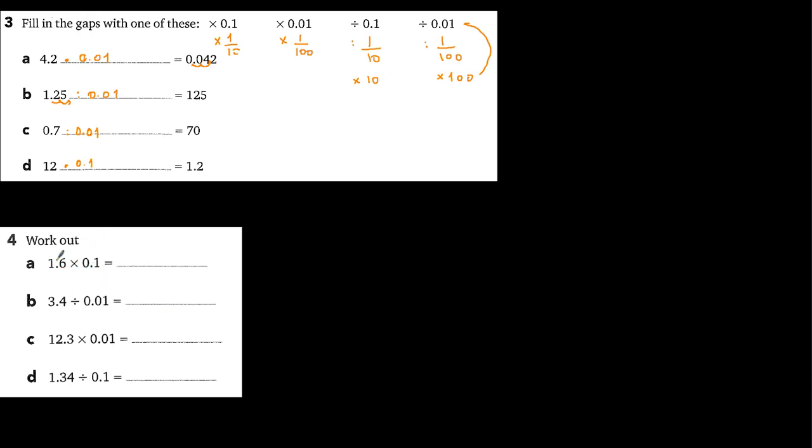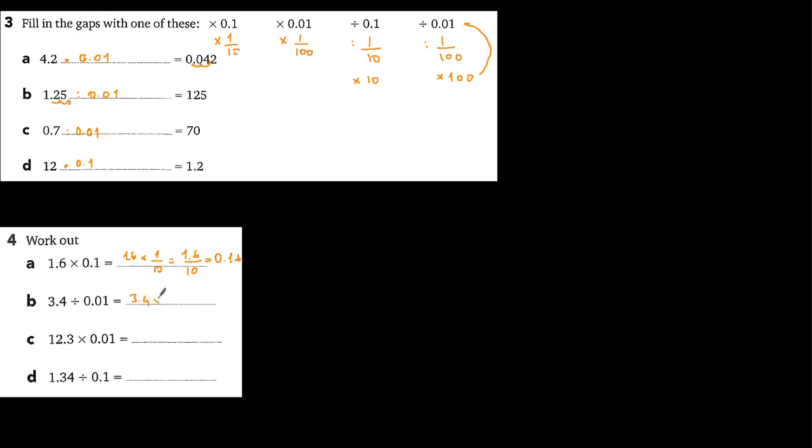So this is the same with 1.6 divided by 0.1, which means 1.6 divided by times 1 over 10, which is equal to 1.6 divided by 10. When you divide by 10, I said we are going to move the decimal point to the left side, then it's going to be 0.16.